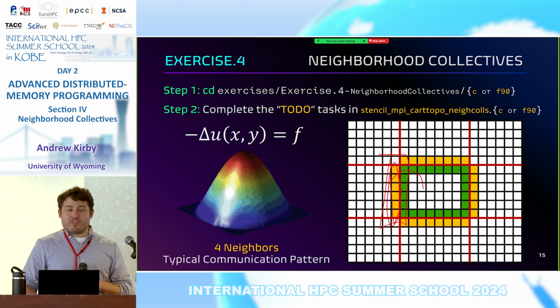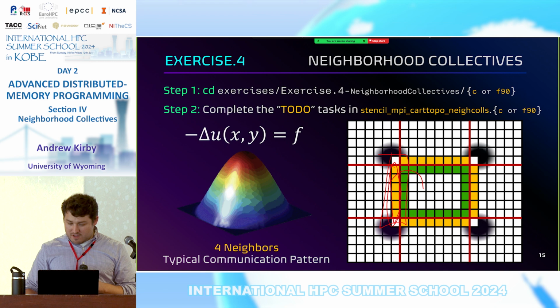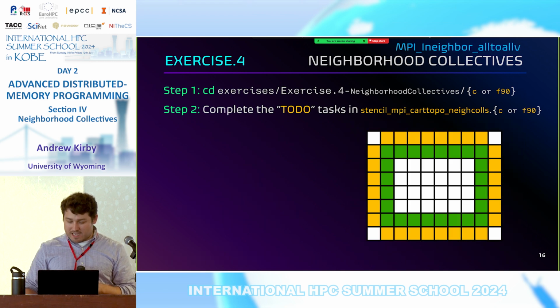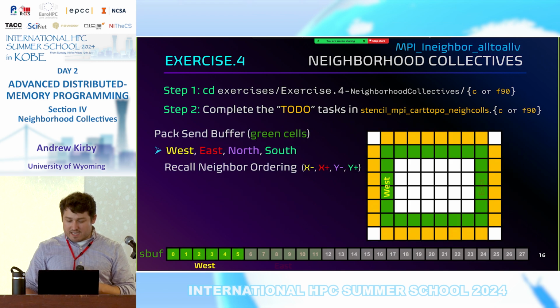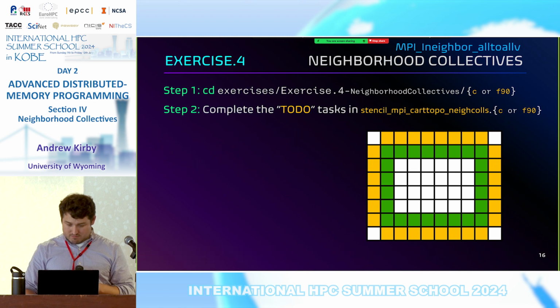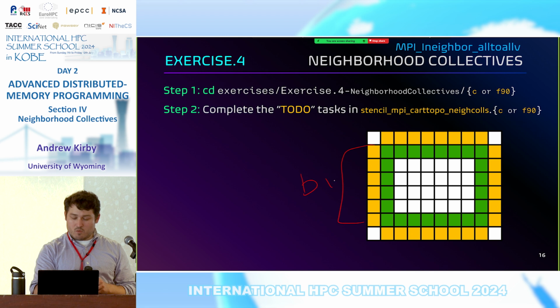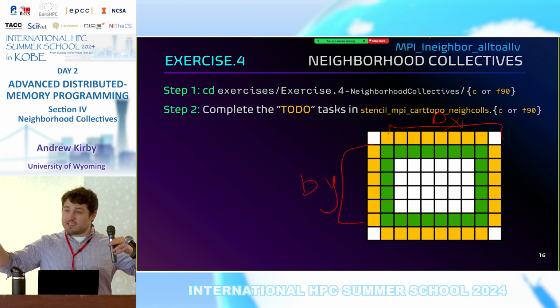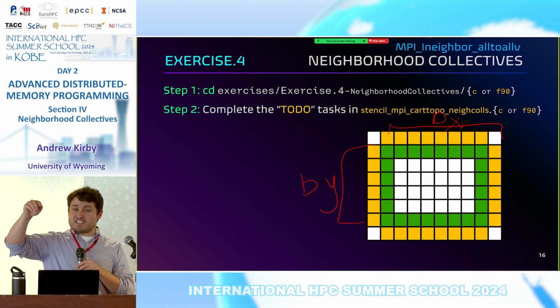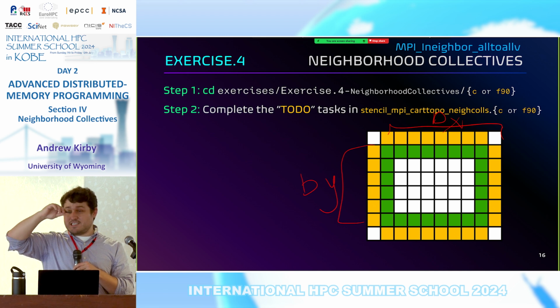Now, why do we have the all-to-all V, the vector version? Well, if you recall, we dissolved this away in our grid, and it's because this was by, bx, right? So it's variable data that's going to be sent within these. So you have to specify how much data you're going to be sending to each neighbor.